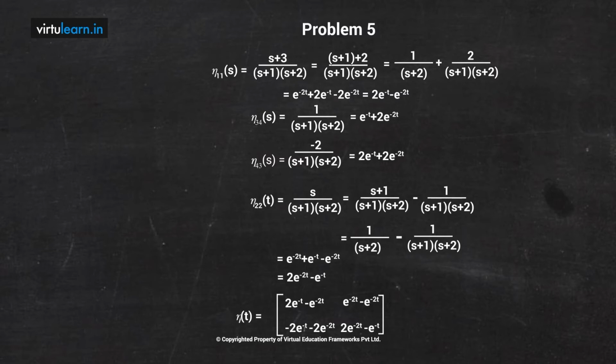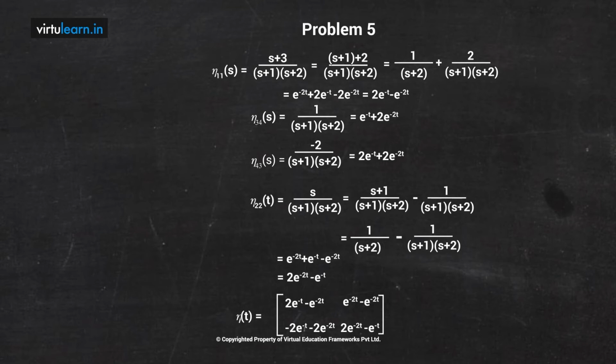These are the four elements phi 11 of t, phi 12 of t, phi 21 of t, phi 22 of t, which are the inverse Laplace transforms of the corresponding Laplace equivalents. So this is the STM, that is the state transition matrix.